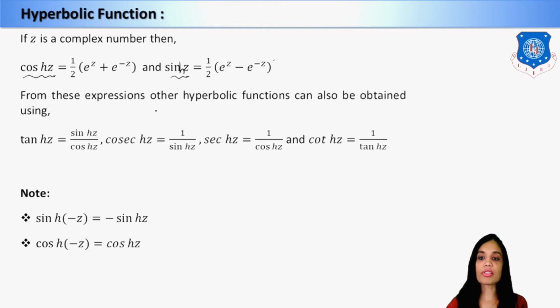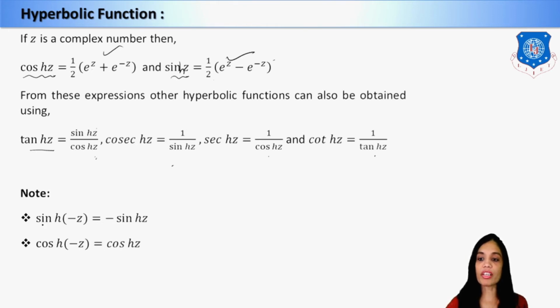From these expressions, other hyperbolic functions can also be obtained: tanh z is sinh z upon cosh z, cosech z is 1 upon sinh z, similarly sech z is 1 upon cosh z, and coth z is 1 upon tanh z. Thus, you have to use these two formulas to obtain the following results.